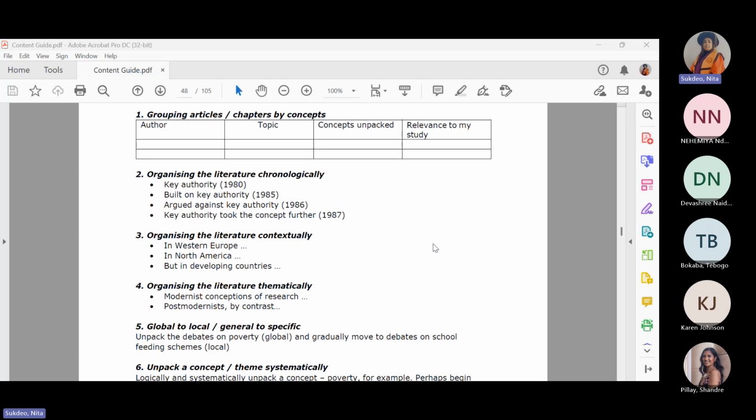When you are writing a literature review, in order to organize your headings and subheadings and what goes into that actual chapter, you have to look at your objectives and research questions and pick out the key words from each objective, each research question, and then you do your reading on each of those keywords relating to your topic as well. And then you align that literature to your objectives.